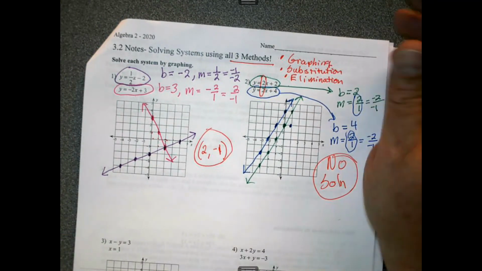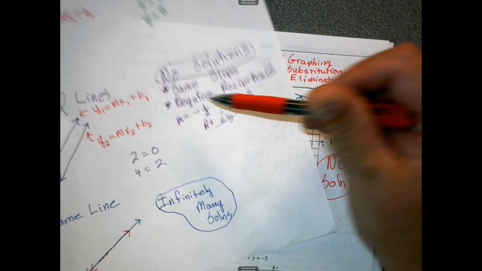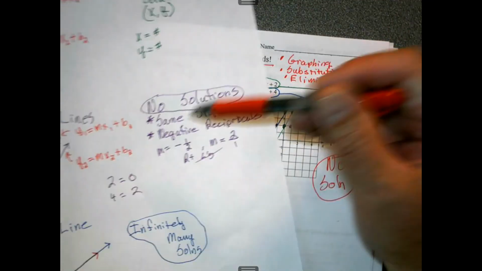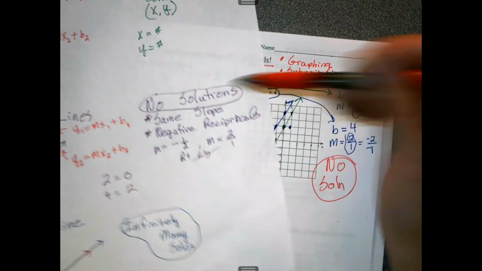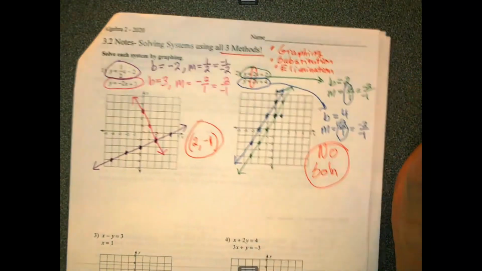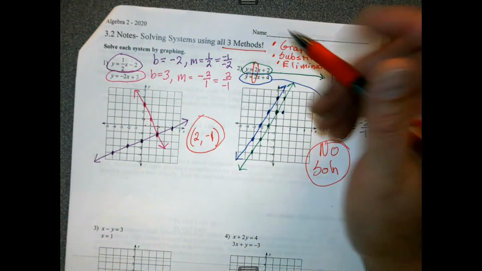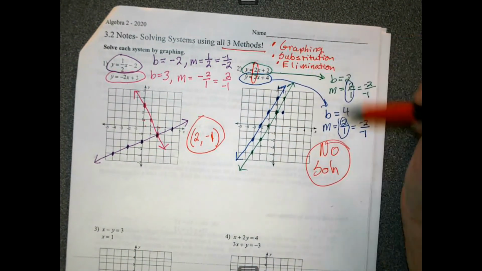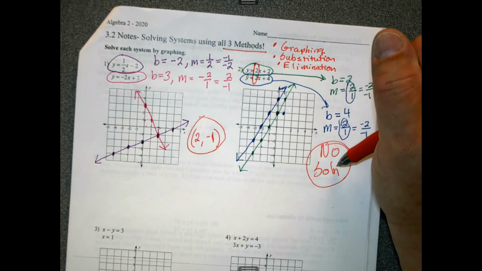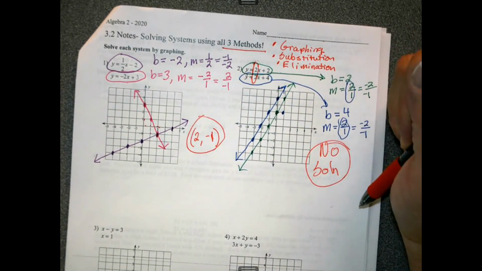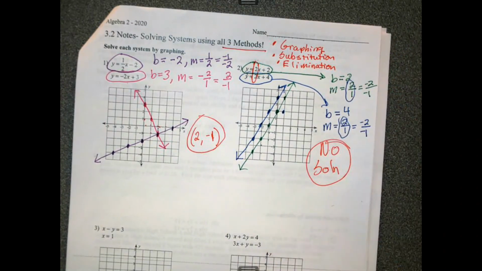If you remember just these couple of things, and if you don't, it's no big deal. Go through the work and you'll find it's just a shortcut. If they have the same slope, it's going to be no solution. Circle the slopes and put no solution, so I know you are saying no solution, not just guessing, and you won't have to do all this work.